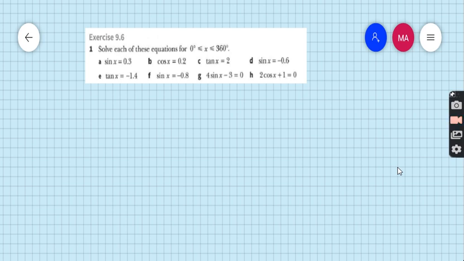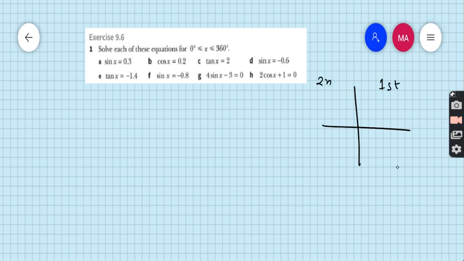Students, for solving trigonometric equations, a very important point is to remember the concept of quadrants in trigonometry. In exercises 9.1 and 9.2, we learned a lot about quadrants.